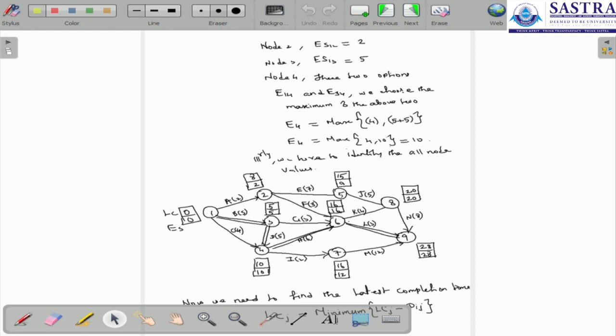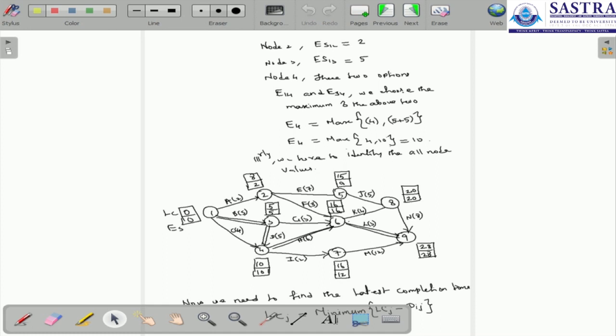So the node 6 latest completion time on the upper box is 16. Now from the fifth node, we can choose the one activity from the eighth node: 20 minus 5, which is equal to 15. So the latest completion time for the fifth node is 15.